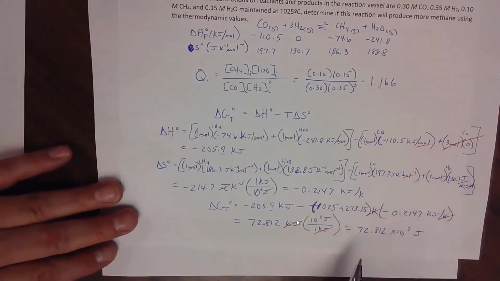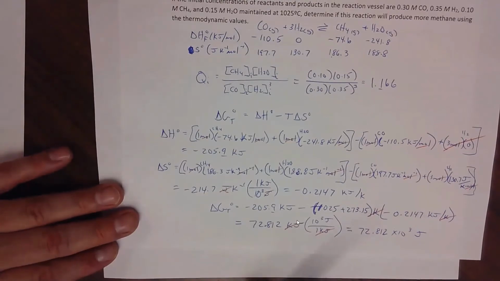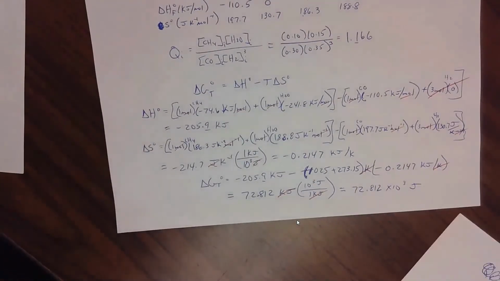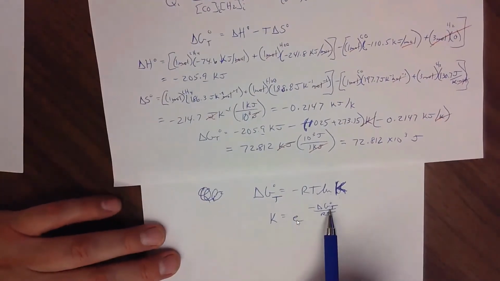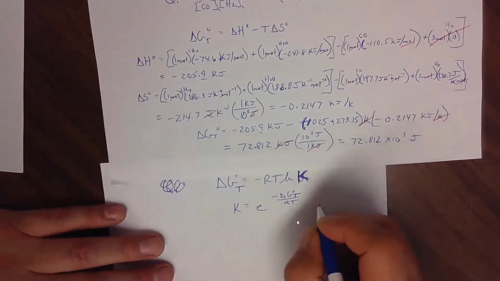And the only time we need to show proper scientific notation is when we report our final answer. Okay, so now we could actually calculate K because now we got our G of T, okay? And I'll do that real quick, but then I'm going to show you another way we could have done this.